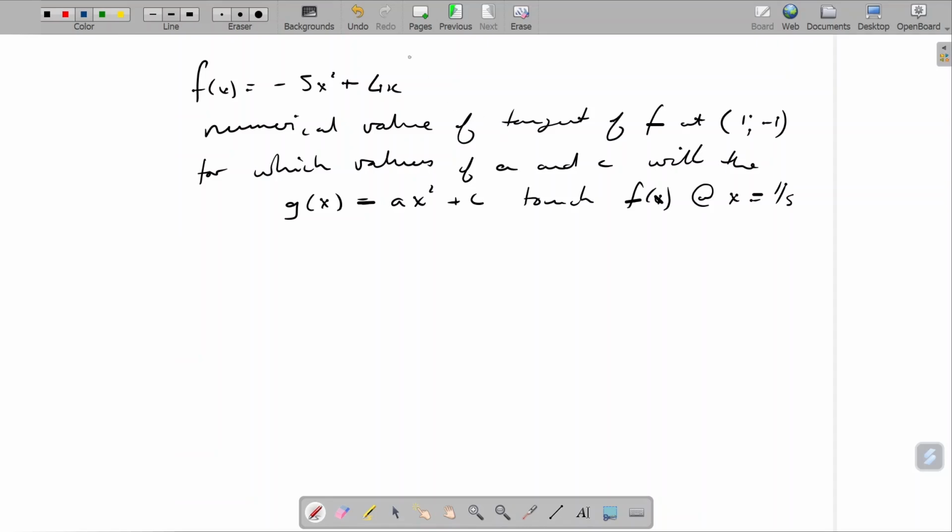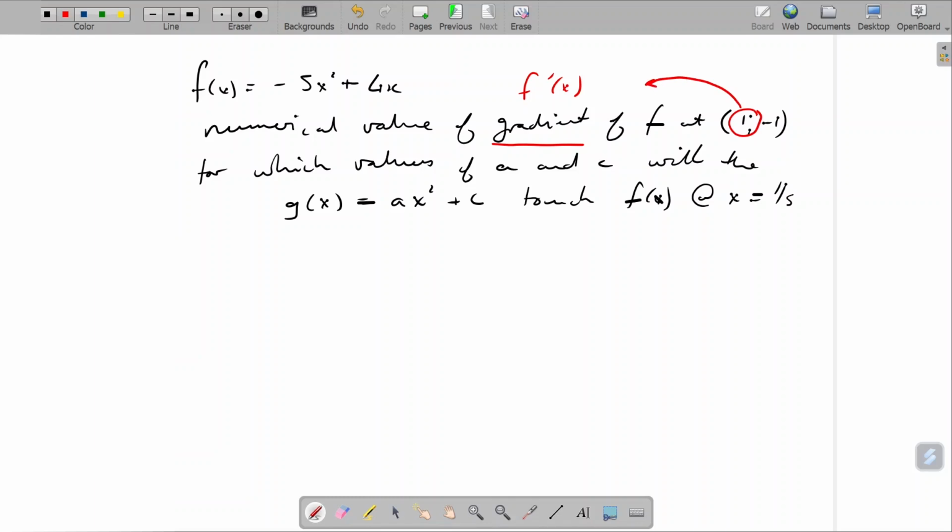So we want to find the numerical value of, sorry, quickly, of the gradient of the graph, not the tangent. Okay, my apologies. Let's quickly just fix that. Of the gradient of the graph. So we know that what we're looking for here is f prime of x, and we need to substitute in this x value.